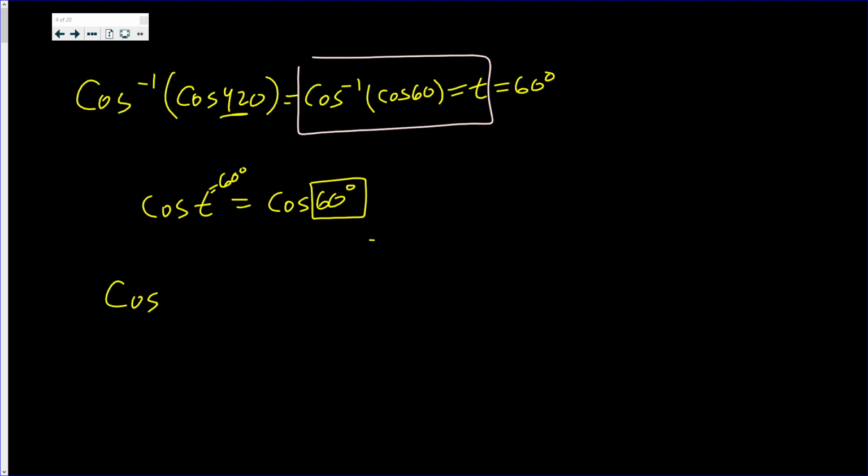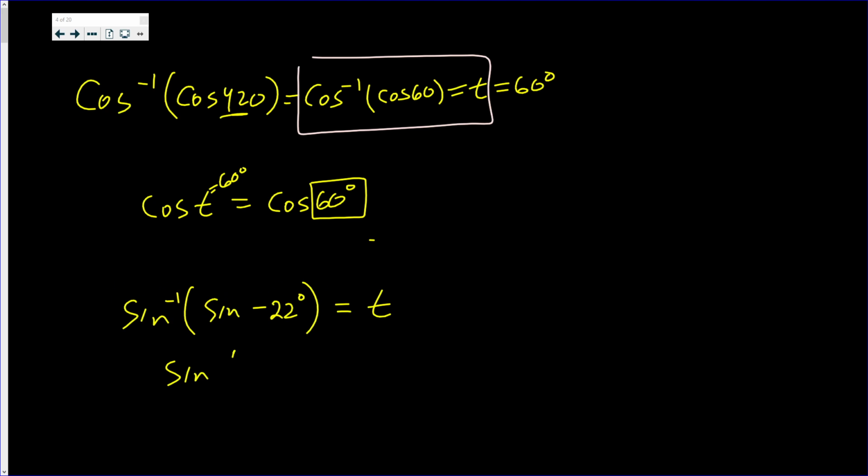For example, if you ask me for the sine inverse of the sine of negative 22 degrees, well, this equals t.